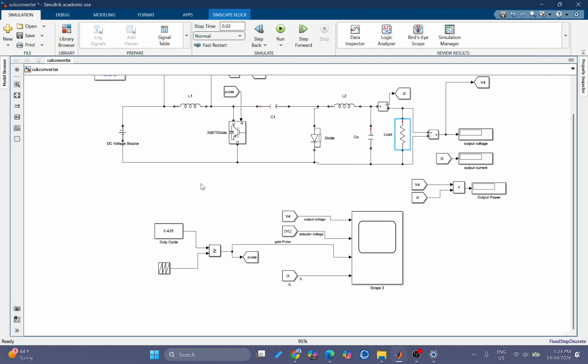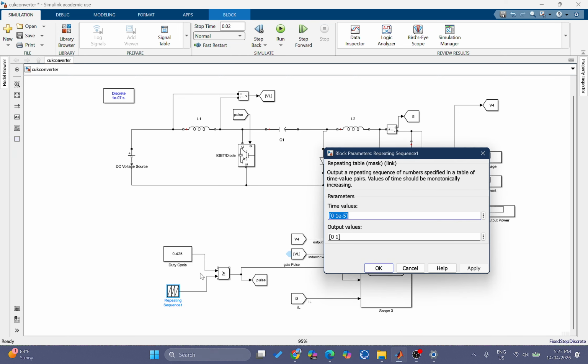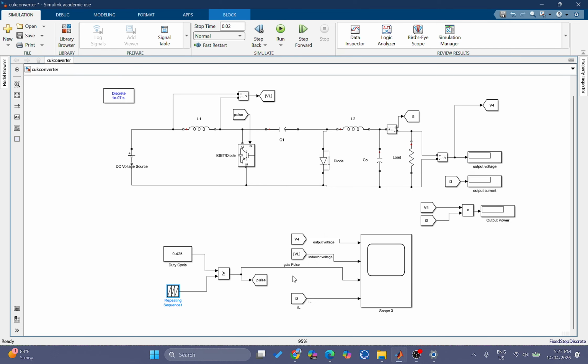And for the pulse that is going to switch the IGBT here, we are giving a gate pulse by comparing the repeating sequence of sawtooth values with the duty cycle, which is 0.425, and the time value here is calculated based on the kilohertz switching frequency we wanted.